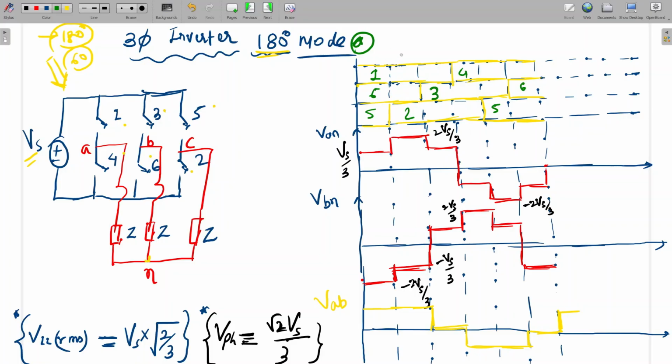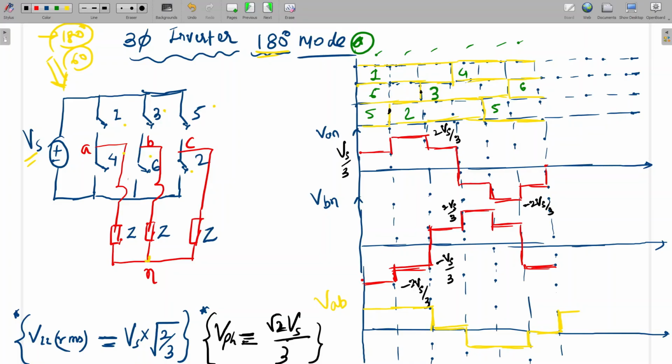After that, at 60 degrees, I will make 6 sections, 1, 2, 3, 4, 5 and 6. I start switch 1 here. It will conduct from here to here, and after 60 degrees, 2 starts. Again after 60 degrees, 3 starts.